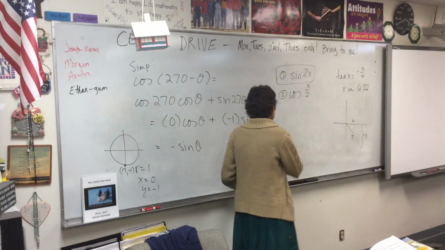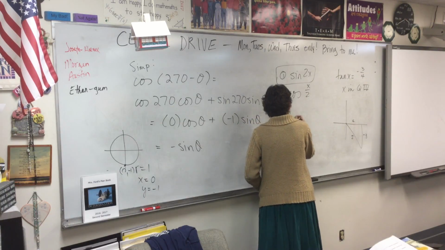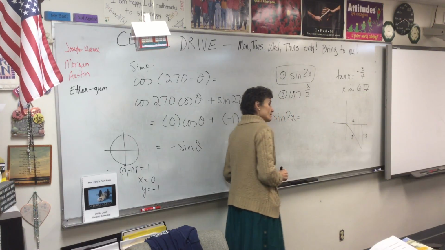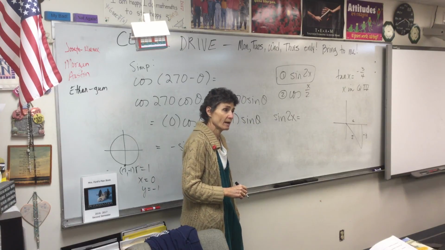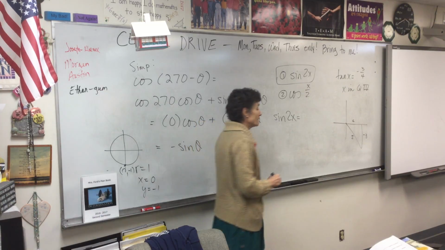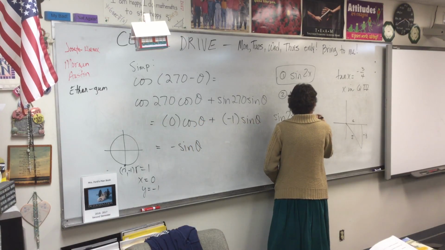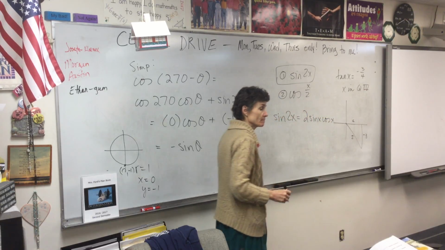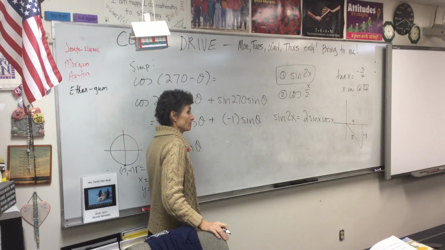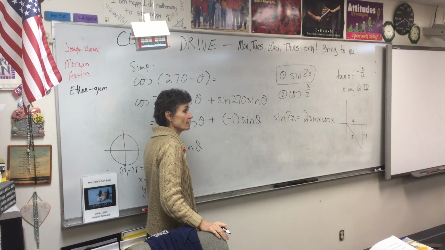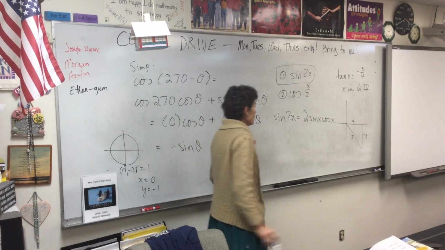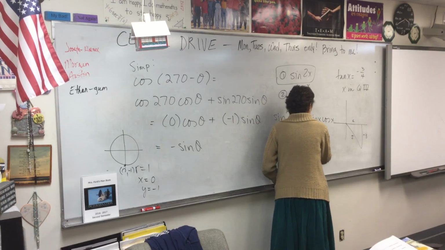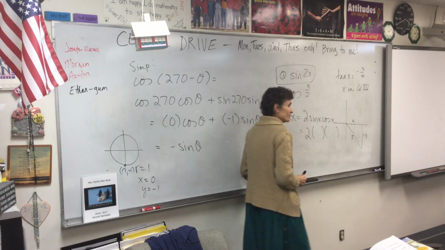Now, what about sine 2x? You got your green sheet in front of you. What do we know about sine 2x? It's 2 sine cosine. Very easy to work with, 2 sine cosine. So now I need to plug in a couple of numbers, right?